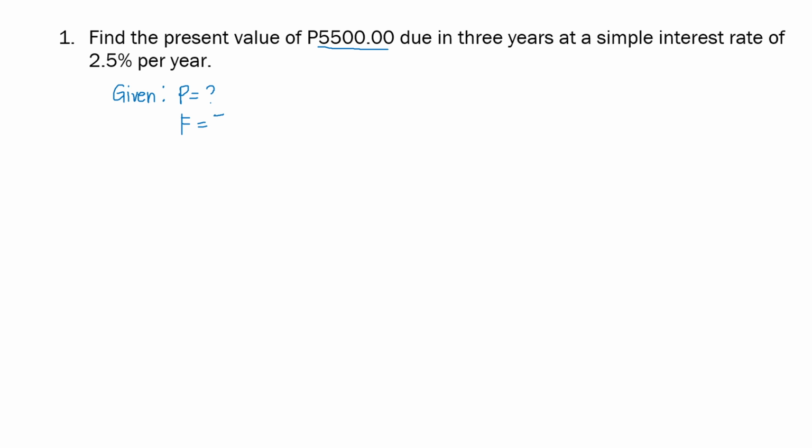F is equals to 5,500. Due in 3 years, this is time denoted by letter T. So T equals to 3 years.